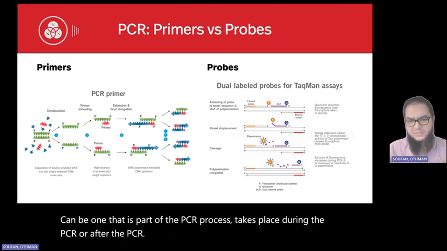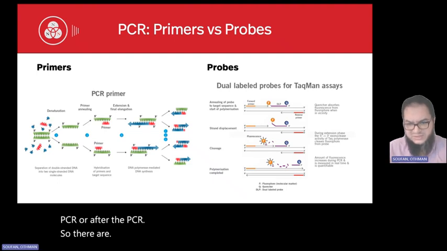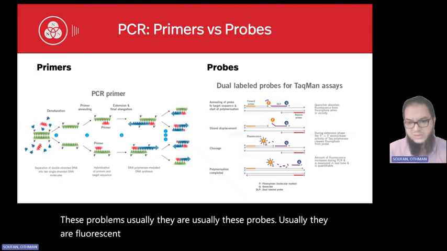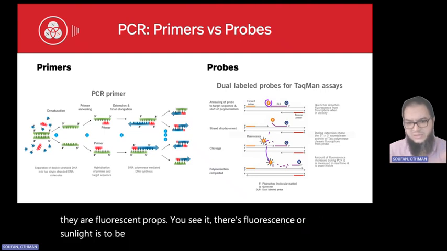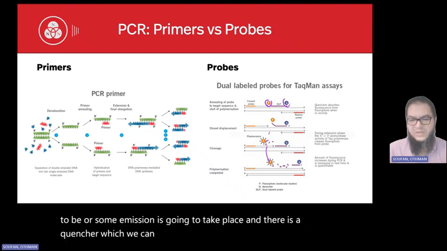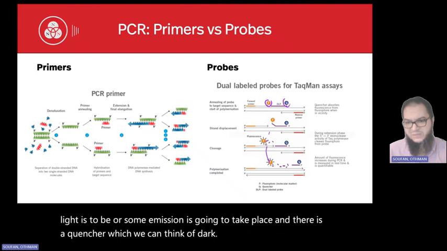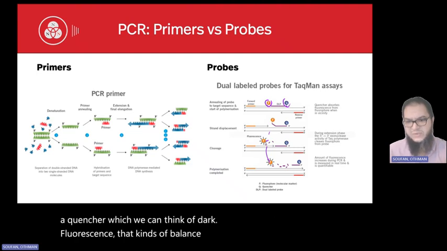These probes are usually fluorescent probes. There is fluorescence, so some light or emission is going to take place, and there is a quencher, which we can think of as dark fluorescence that absorbs the fluorescence under certain conditions.